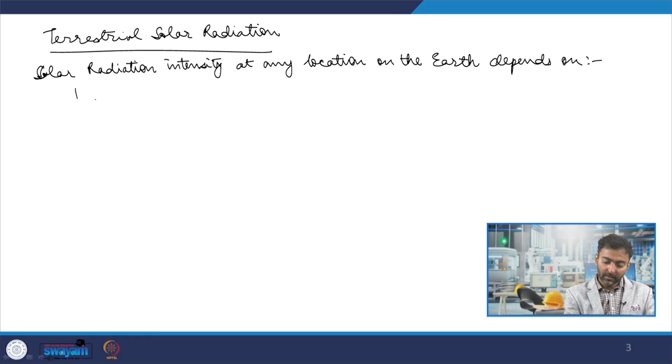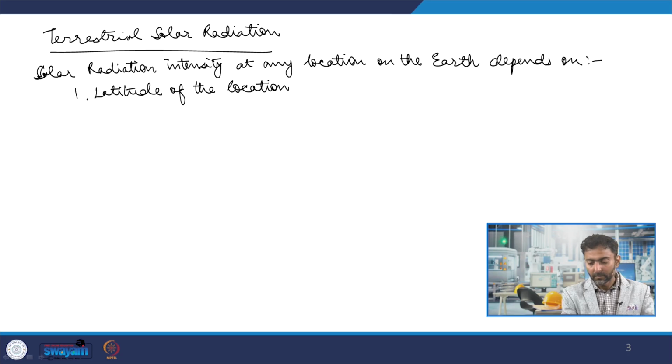The first one is the latitude of the location. As we just saw in the previous slide, with respect to an observer on earth, the relative position of the sun keeps changing. At the winter solstice, the sun is directly overhead on the Tropic of Capricorn.